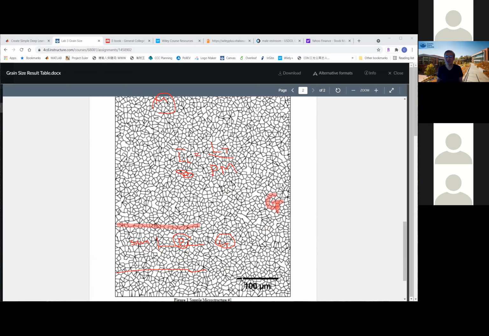Magnification, you use a ruler to measure the actual length of this bar, and use the number divided by this number over here. That is your magnification. So you have to print out and use the ruler to measure this length.